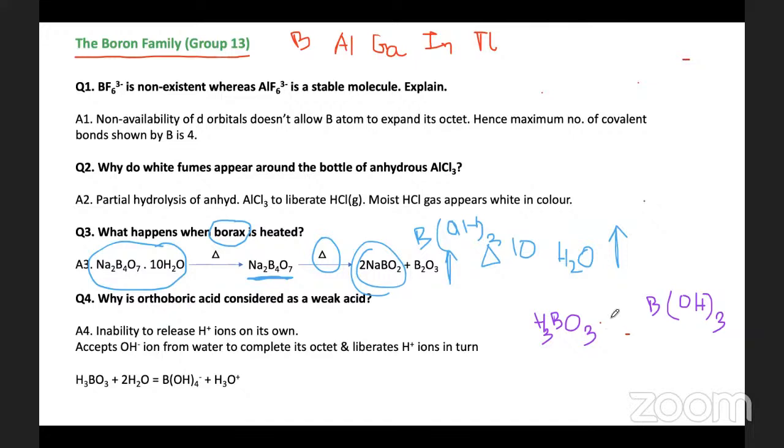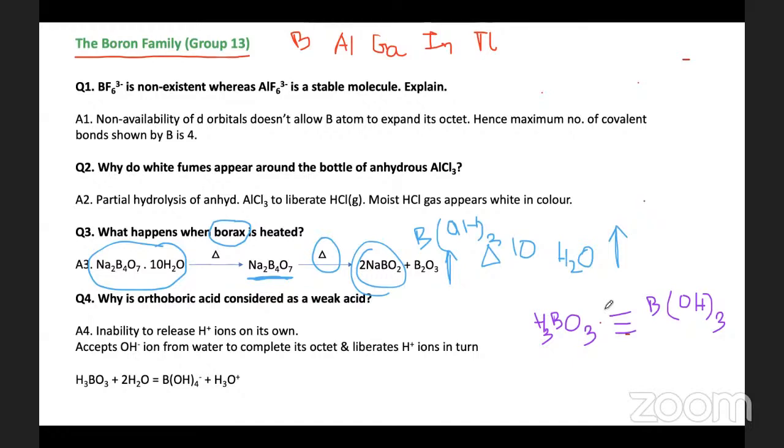So both are actually the same. I will write this equivalent sign here to show that both of these are termed as orthoboric acid or boric acid. So why is orthoboric acid considered as a weak acid?